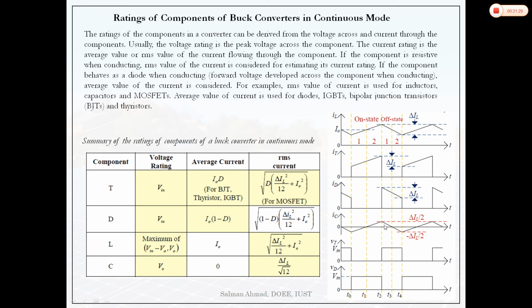So we have to find the area under this curve, because delta V is nothing but delta Q upon C. So delta Q is the change in charge during charging time, or that also can be found from discharging time.